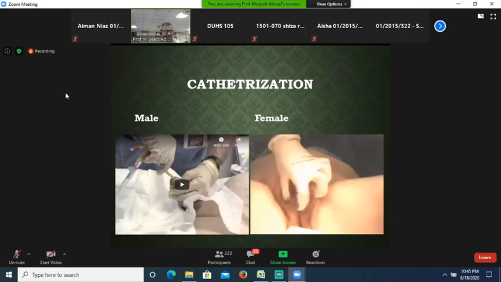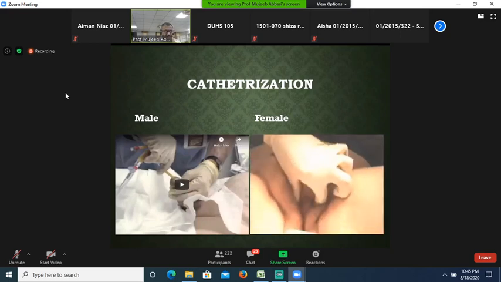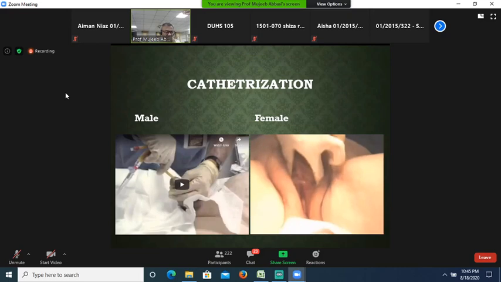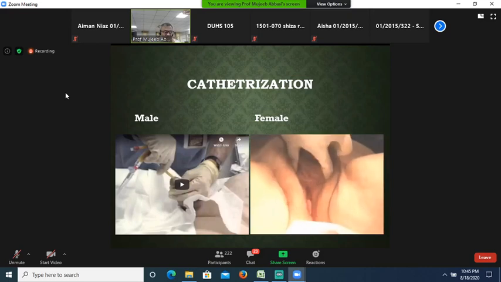Try to find out the labia majora and minor, separate them, and you can try to locate the urethral opening. Now this left hand has become dirty, but it shouldn't be moved at all.